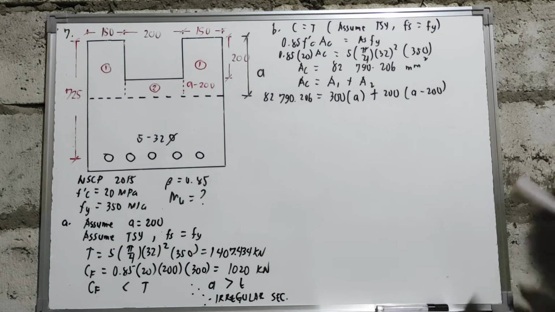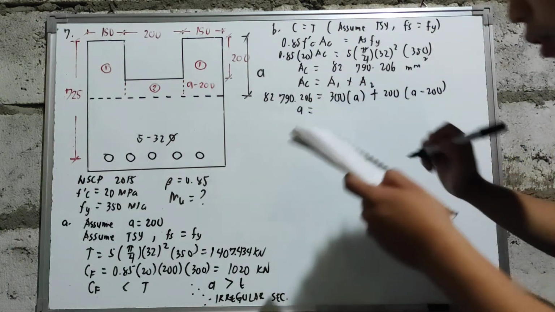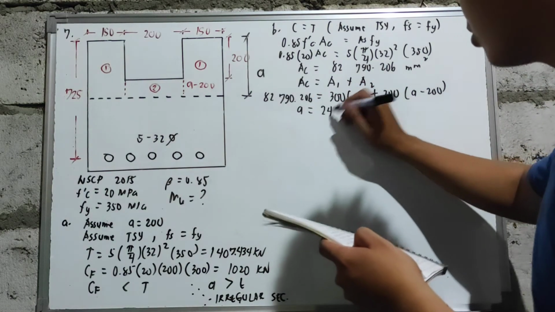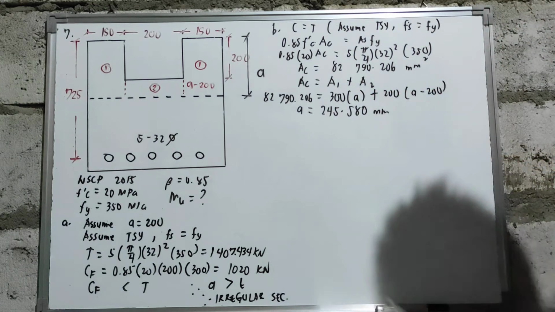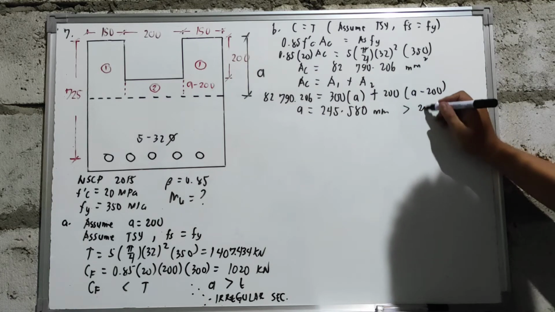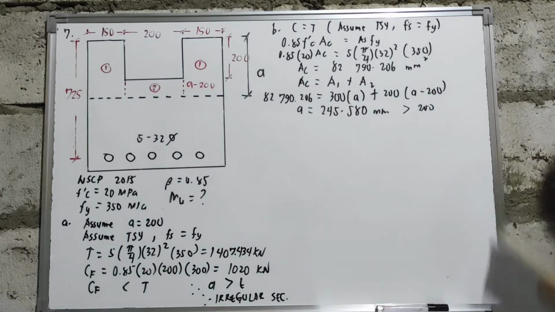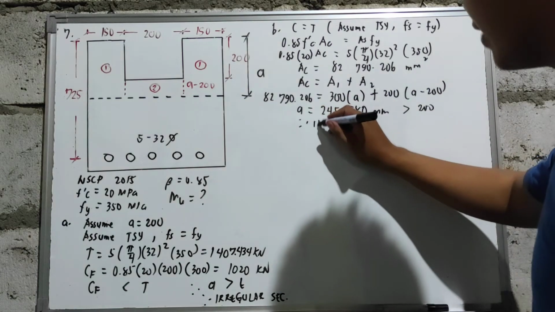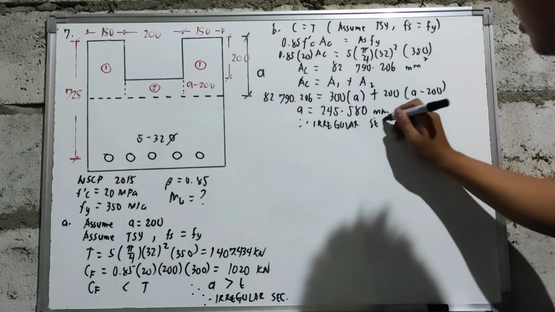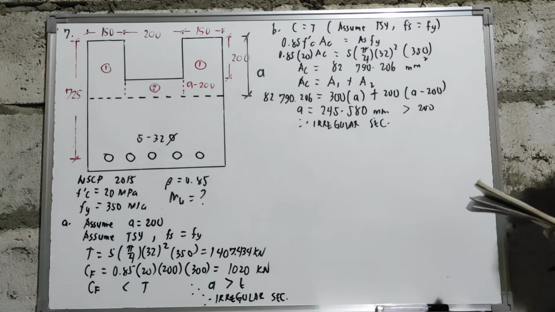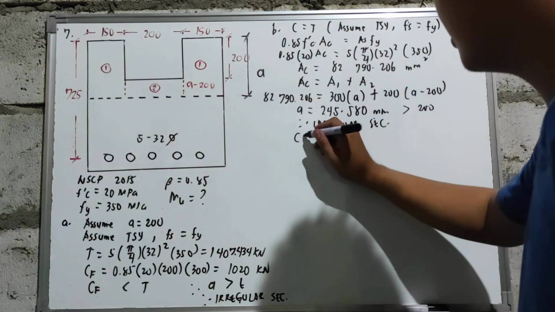So by shift solve, we can now calculate for the value of your A, which is equal to 245.580 mm. So which is greater than 200, so tama yung assumption natin. Therefore, we have a irregular section. So with that, hanapin natin yung value ng C natin.